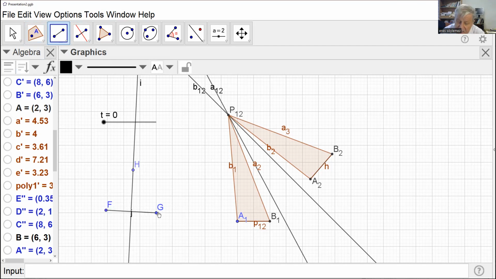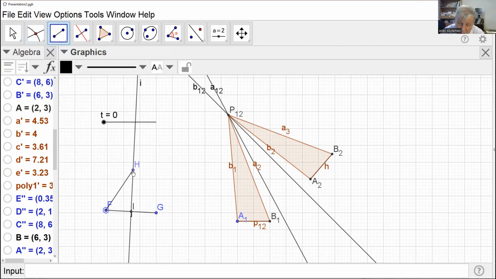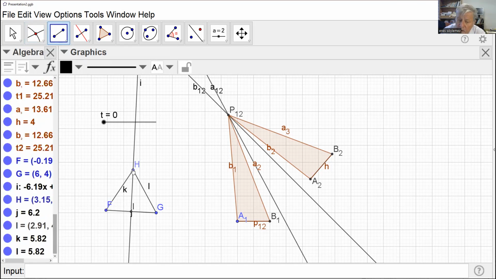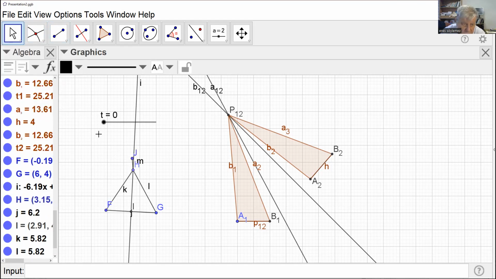The perpendicular bisector bisects this segment. So if this intersection point is I, FI will be equal to IG. This is perpendicular, this is perpendicular. IH is common. So the hypotenuses of these two triangles have to be equal. Now let me show this: as you can see, they are equal. Now, wherever I move, sorry.